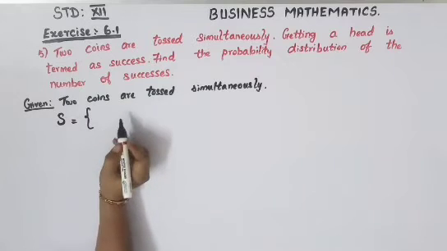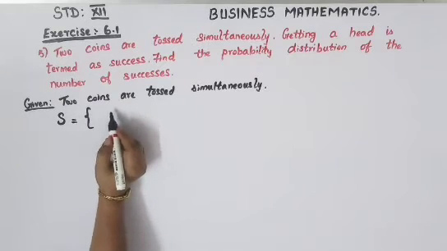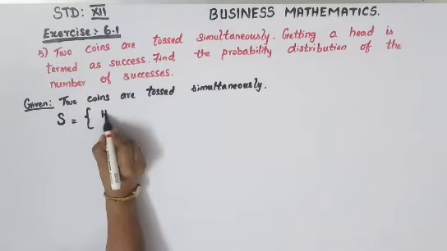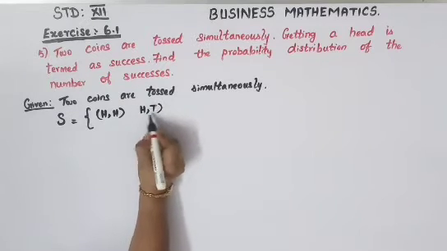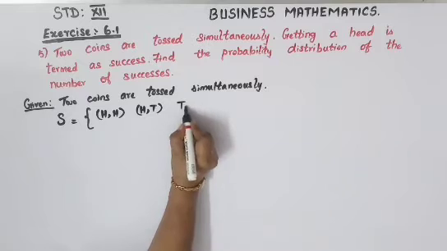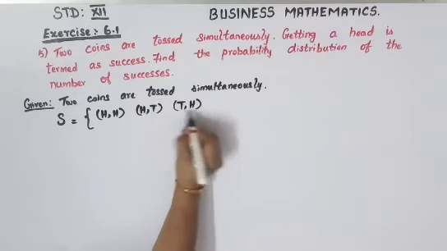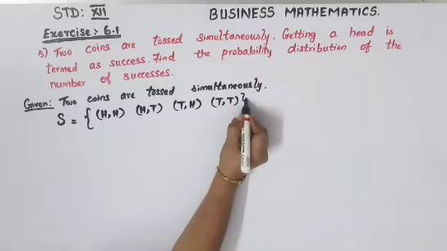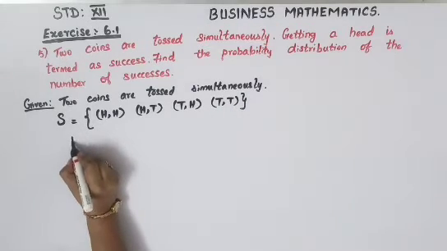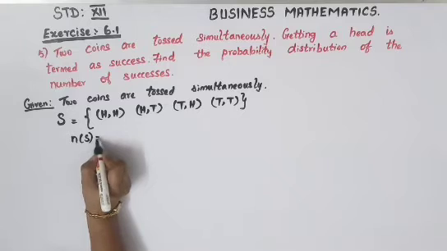So the sample space writes all the possible outcomes. First we get H and H, that is head and head. Otherwise one head and one tail. Otherwise one tail and one head. The last is both tails. So these are the sample spaces. Therefore n(S) is equal to 4.